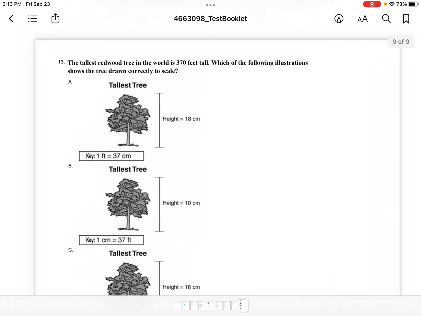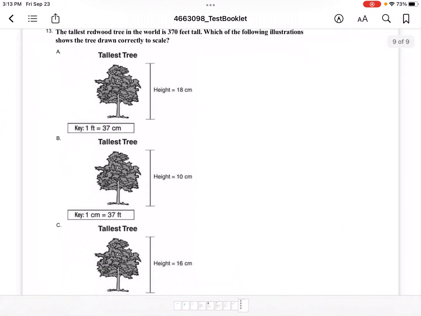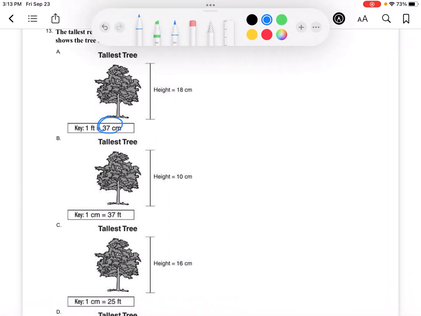Last question. A lot of you got this one right. The tallest redwood tree in the world is 370 feet tall. Which of the following illustrations shows the tree drawn correctly to scale? So all you're doing is multiplying the key by the height to see if you get 370. So I'm going to do that. I'm going to take 37 and multiply it by 18, and I get 666.